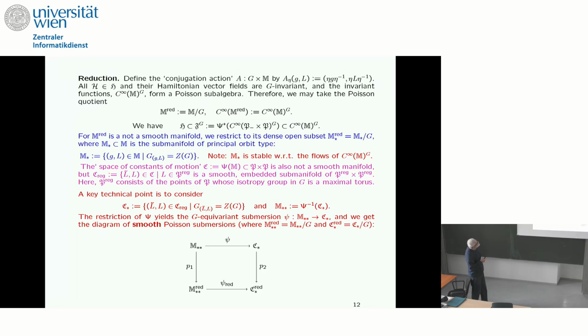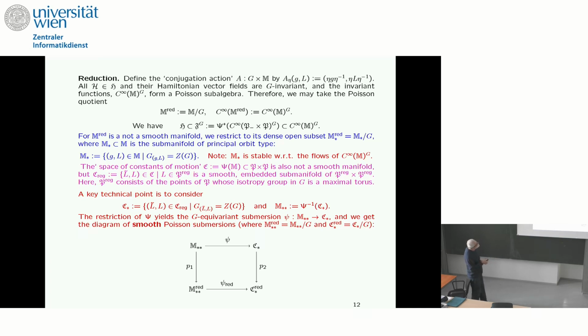Okay. So the reduction procedure is just that I take this conjugation action, and this is an interesting action, how it comes from, but I don't explain this. It is orbit equivalent to a Poisson action generated by a moment map, but it's not a Poisson action. And for that reason, the invariant functions form a closed Poisson subalgebra. So this red always means reduced phase space.